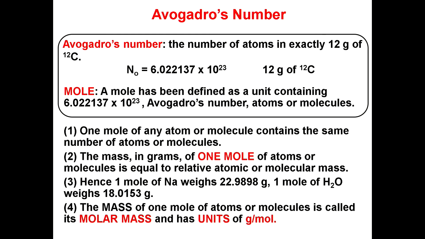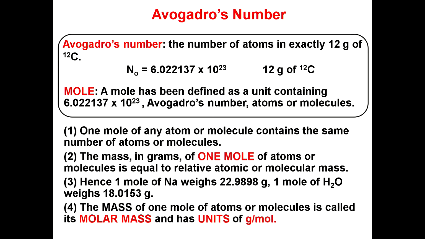So in 12 grams of carbon, there are this number of atoms. So this number is called Avogadro's number. And this number we also call 1 mole. So 1 mole is like a unit containing this number of atoms.